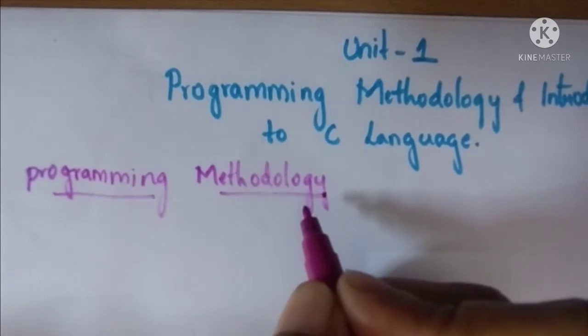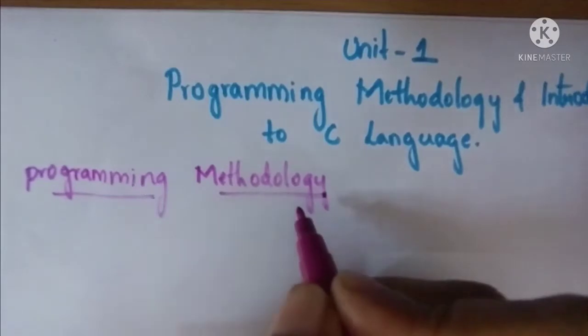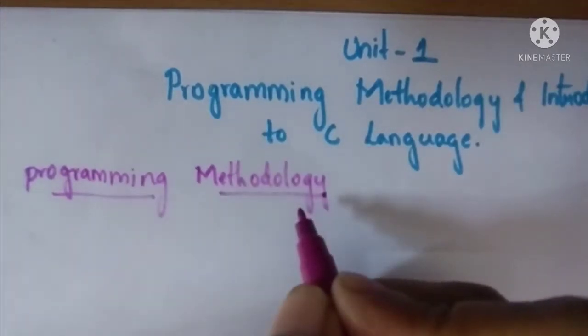In this approach we are going to analyze the problems. Whatever problems or programs we are writing, we are going to plan how to write the program and how to control that particular program. Both planning and controlling will be handled by using the programming methodology concept.